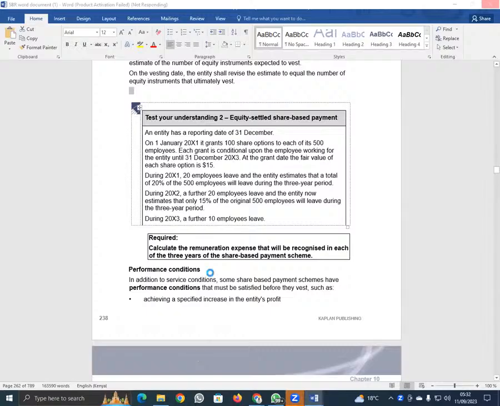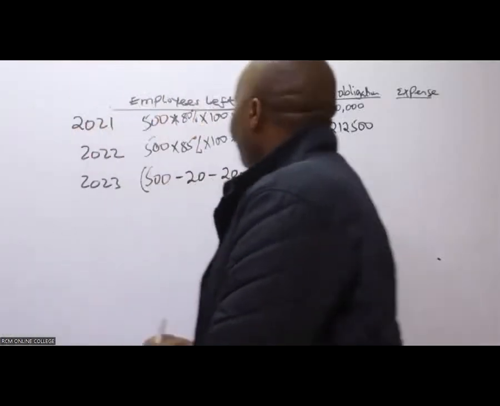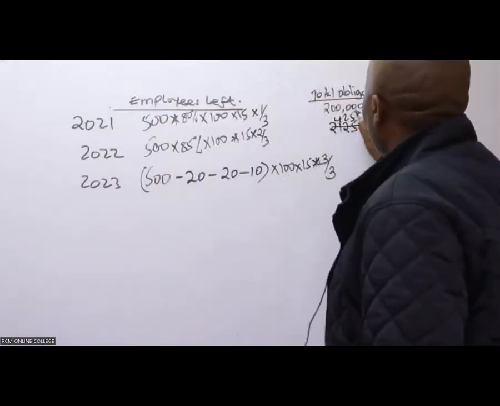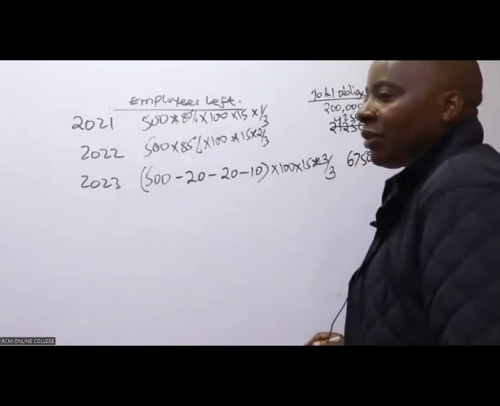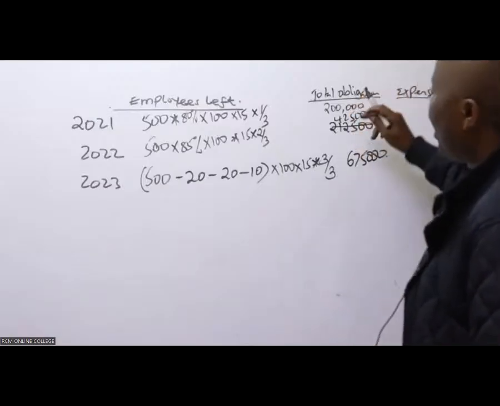Second, I'm being told that the second is 425,000, and this is 675,000. All right. So remember, here we are beginning.